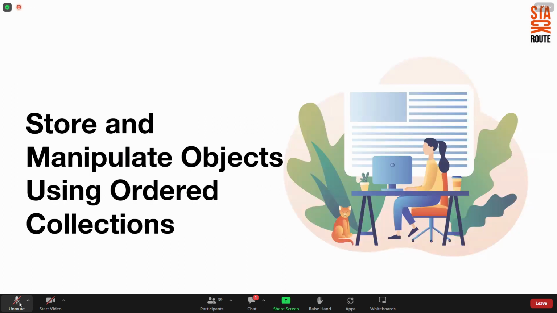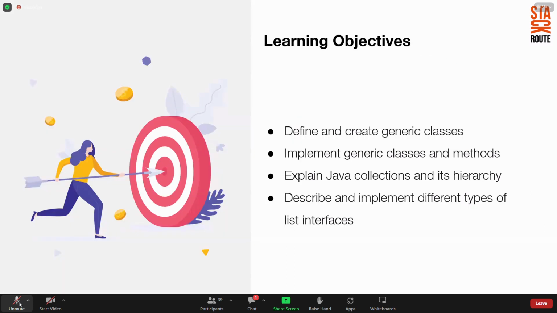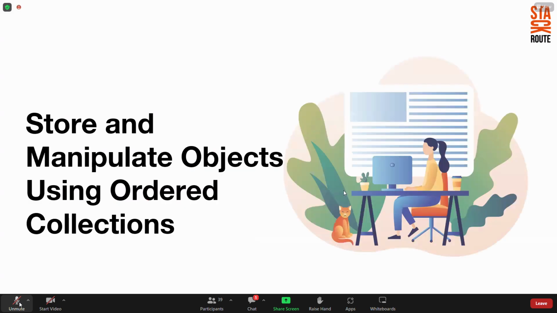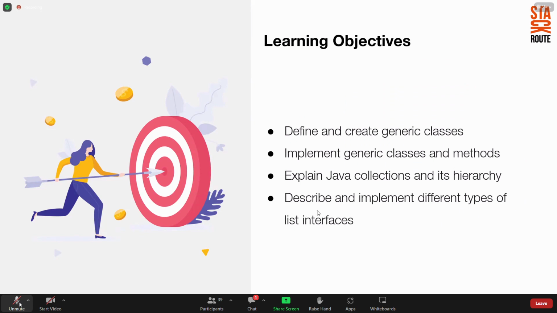In this session, we are going to store and manipulate objects using ordered collections. We have ordered collections and unordered collections. List is our ordered collection. We will be discussing generic classes and generic methods, an introduction to Java collections and their hierarchy. As I said, the ordered collection is the List interface. Today we will explore how to implement different types of List interface. Please pay attention.